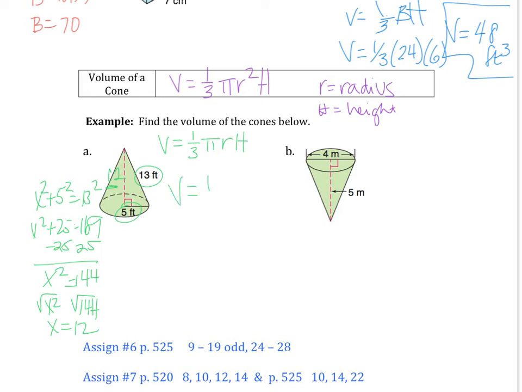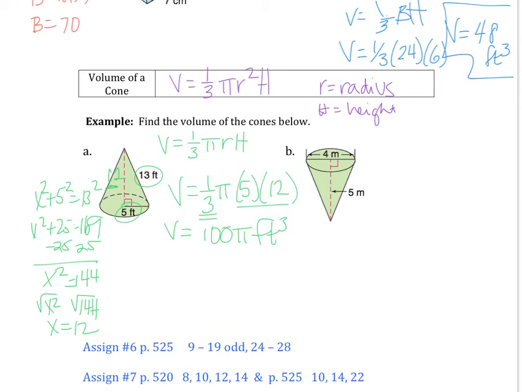So volume equals 1/3 pi times my radius squared times my, oops, not 13, my height of 12 that we just found. We're going to give an exact answer and a decimal, or approximate, answer. So multiplying 1/3 times 5 squared times 12, I get 100 pi.